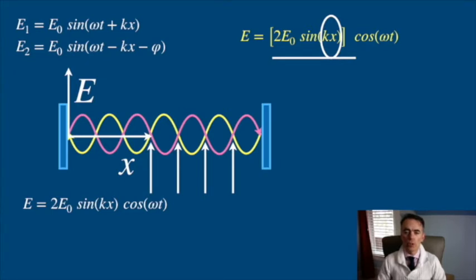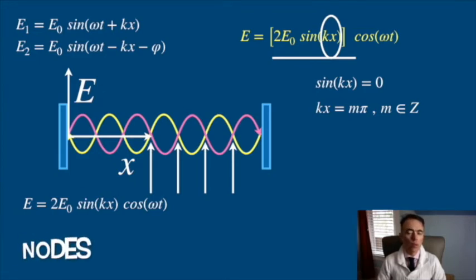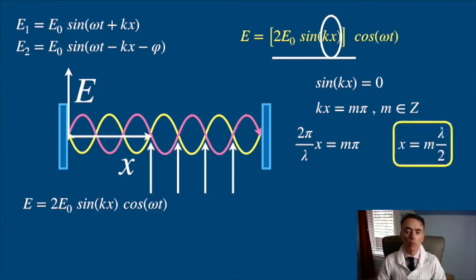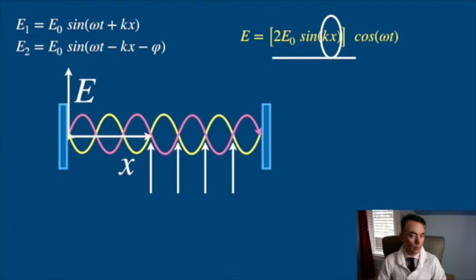For those positions for which the sine of kx is zero, which happens for 0, pi, 2 pi, 3 pi, there will be no electric field. Those will always be nodes of the wave. Because k is 2 pi over lambda, those positions are multiples of half a wavelength.